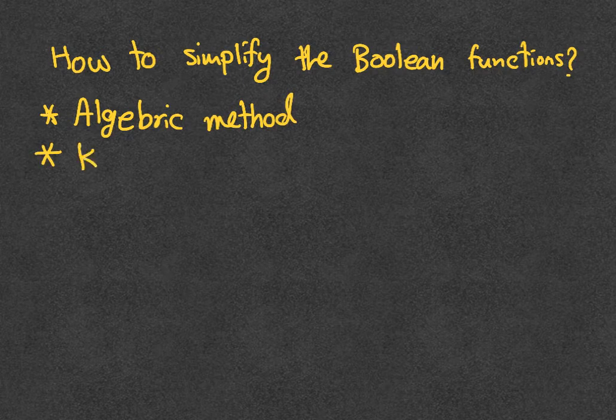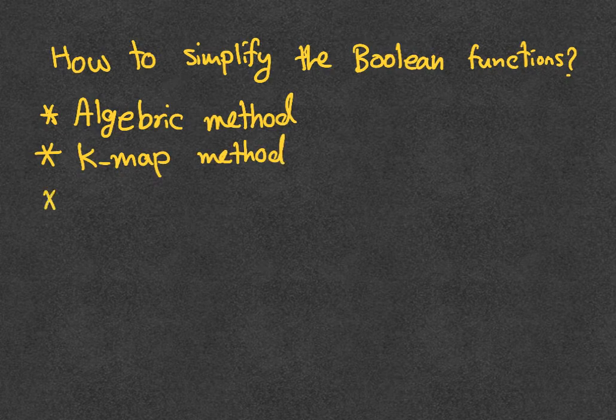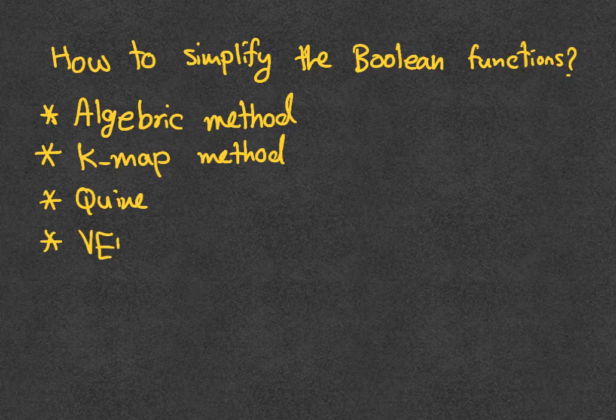Another one is the K-map method. The other one is the Quine-McCluskey method, and then variable entered mapping. So in this course, we cover the first two, the algebraic method and the K-map method. Today we start with the first one, which is the algebraic method.